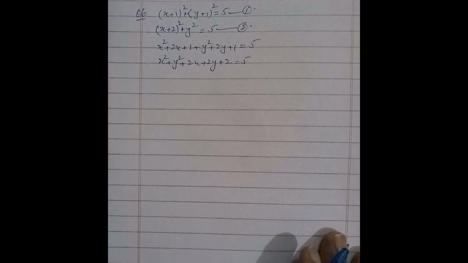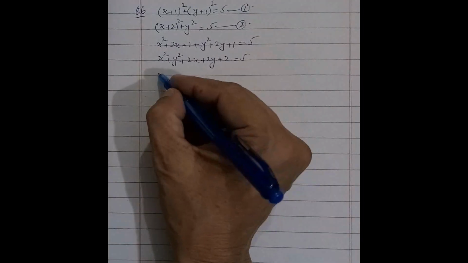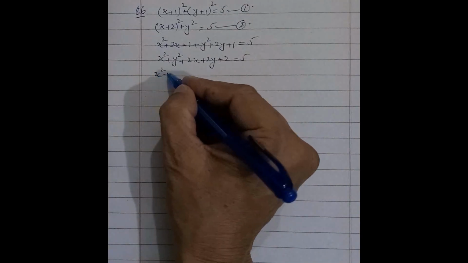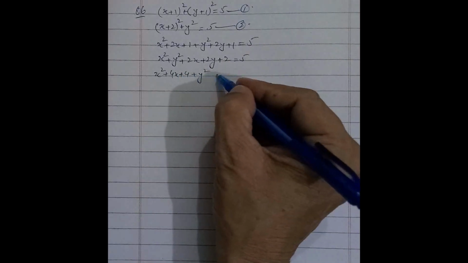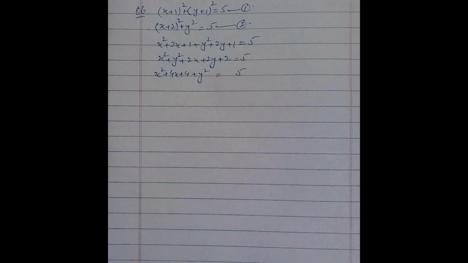And we solve the second equation, which is x square plus 4x plus 4 plus y square is equal to 5.